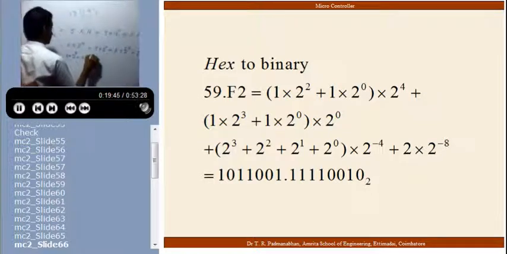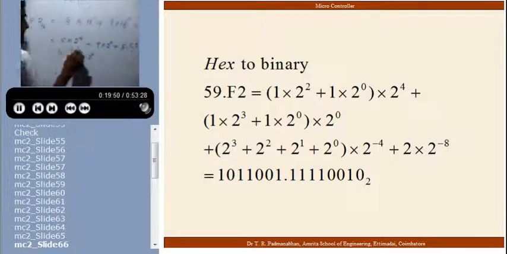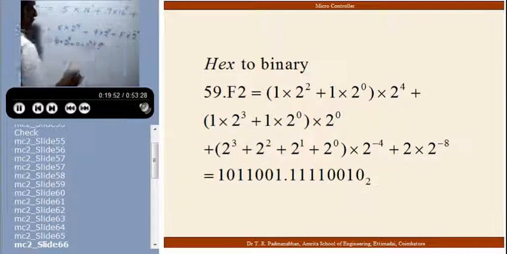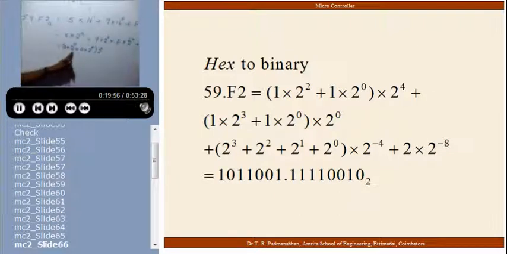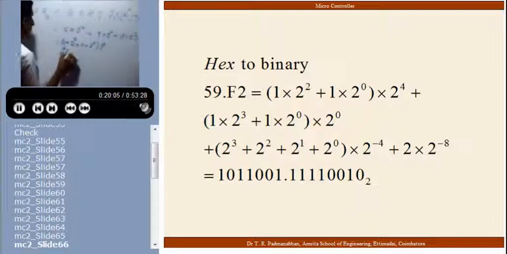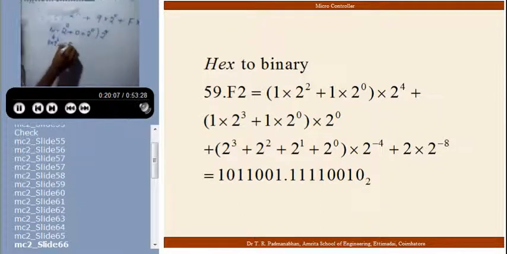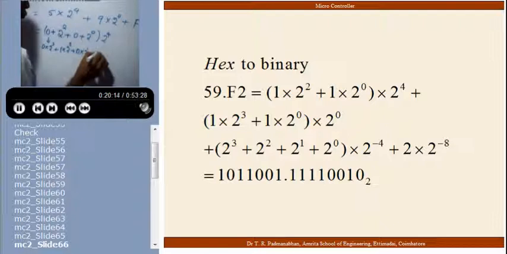Am I right? Multiplied by 2 raised to 4. That is 0 into 2 raised to 3 plus 1 into 2 raised to 2 plus 0 into 2 raised to 1 plus 1 into 2 raised to 0.